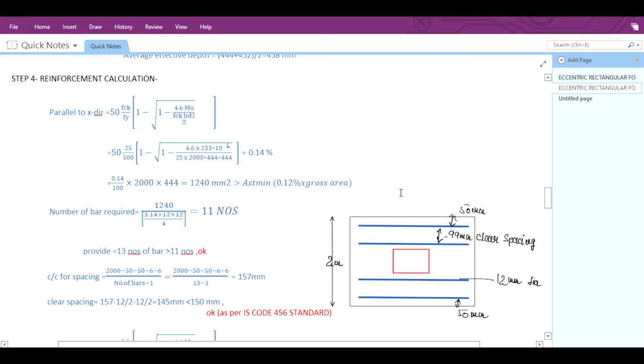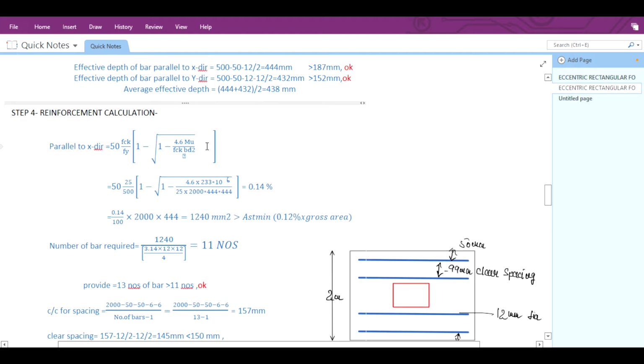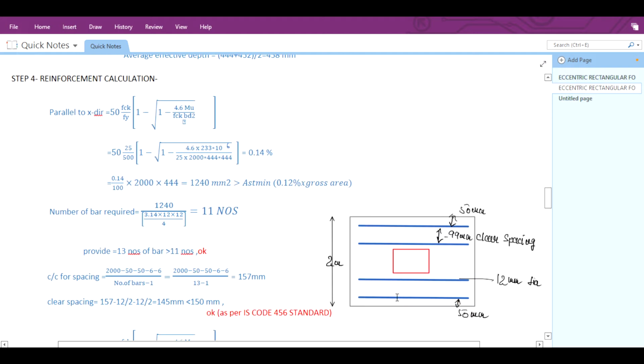Now we will go for the calculation of reinforcement. First we will calculate the reinforcement parallel to x direction, that is the lower layer bar.